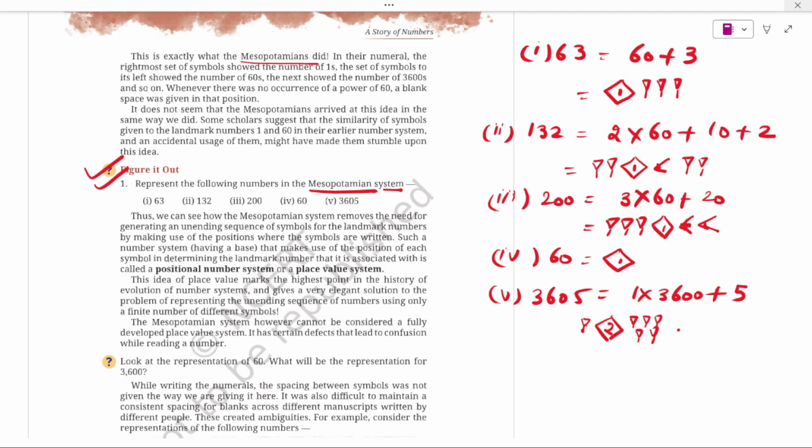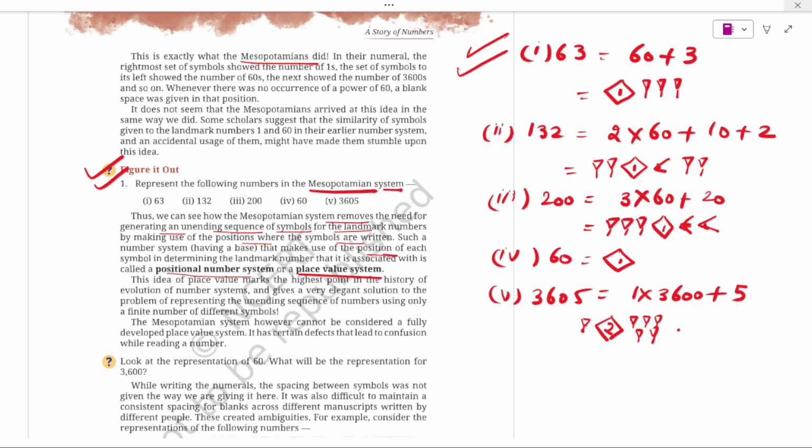This is the Mesopotamian number system, and we can see how the Mesopotamians removed the need for generating an unending sequence of symbols for the landmark numbers by use of the positions where the symbols are written. Such a number system that makes use of the position of each symbol in determining the landmark is associated with a positional number system, or we can say a place value system.